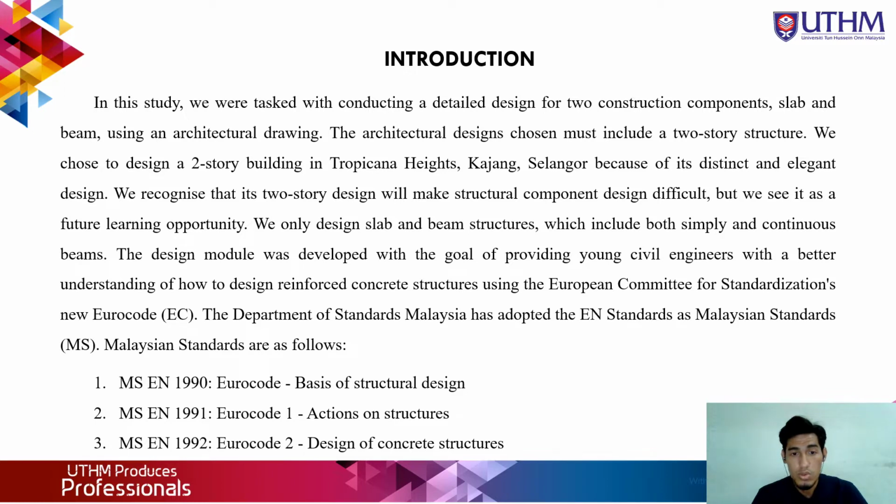We choose to design a two-story building in Tropicana High, Kajang, Selangor, because of its distinct and elegant design. We recognize that its two-story design will make structural component design difficult, but we see it as a future learning opportunity. We only design slab and beam structure, which include both simply and continuous beam.